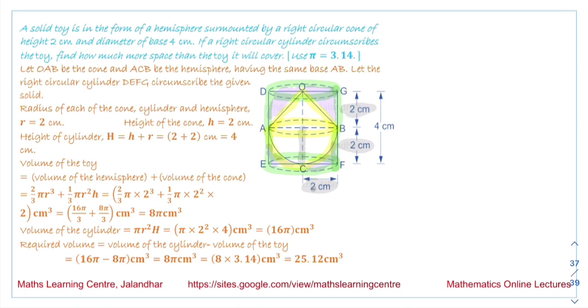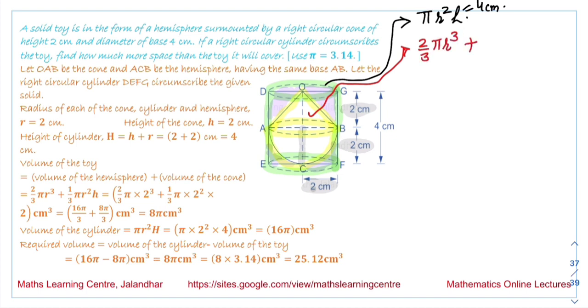So what we have to calculate is the volume of this cylinder. The formula for the volume of the cylinder is pi r square h. The value of r is 2, and the height over here is equal to 4 centimeters for this cylinder. Next we are talking about the volume of this toy. The volume of this toy will be the volume of this hemisphere, which is 2 by 3 pi r cube, plus the volume of this cone, which is 1 by 3 pi r square h.